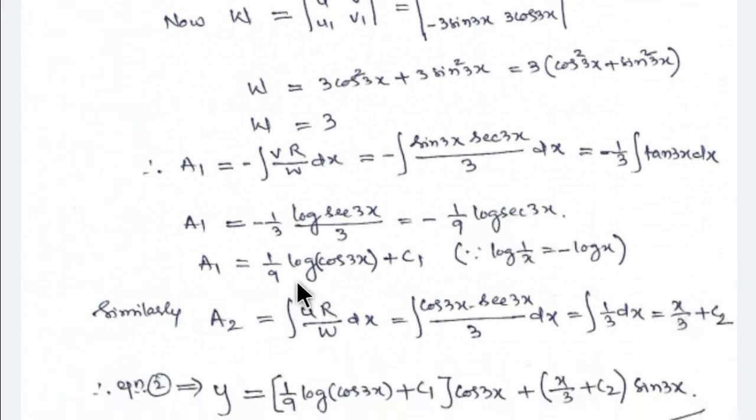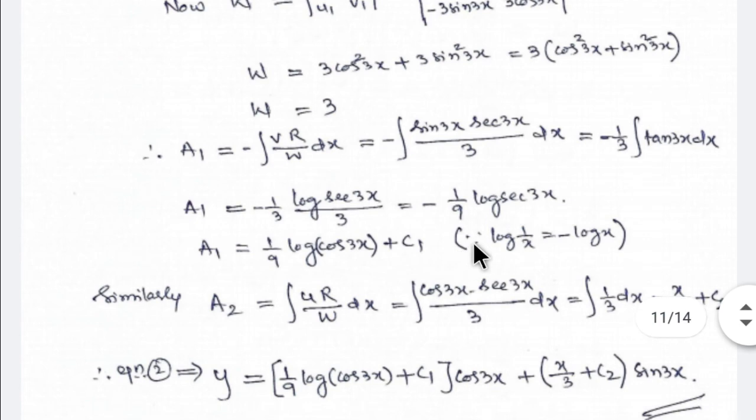It can also be written as plus 1 by 9 log cos 3x plus c1, adding the arbitrary constant. The reason is that log of 1 by x is minus log x, so minus log sec 3x is written as plus log cos 3x.